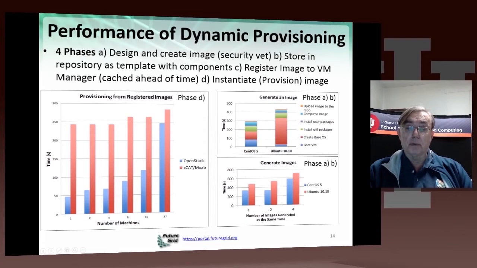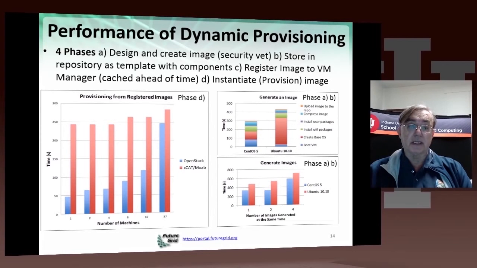And here we have some timings for different approaches. The blue on the graph on the left is OpenStack. It's plotted against the number of machines you have to provision. The pinkish color is xCAT and MOAB, which is the current approach to HPC, high performance computing environments. We're going to remove our dependence on xCAT because it's not supported on all Linux environments. It is very good on the iDataPlexes because it comes from IBM.